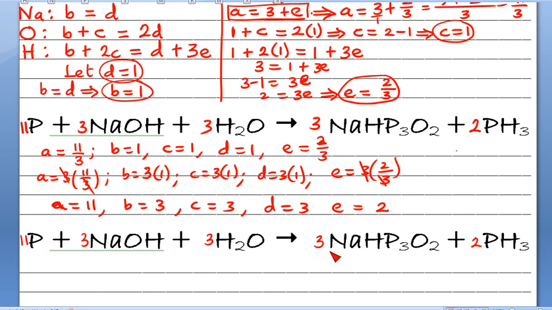On this side, 3 times 2 for oxygen, that's 6. Balanced for oxygen. What about hydrogen? 3 atoms of hydrogen, then 6 atoms of hydrogen, making 9. Here, 3 atoms of hydrogen, 2 times 3 making 6, 6 plus 3, 9 atoms. So the equation is completely and correctly balanced.